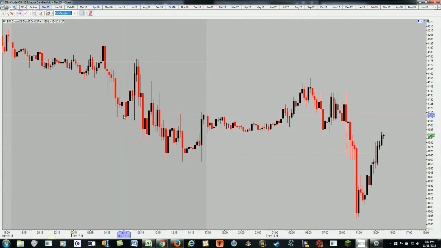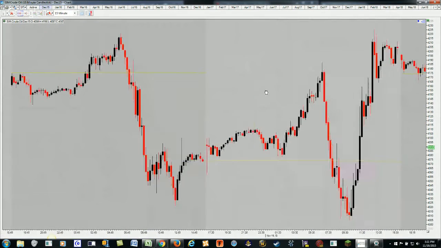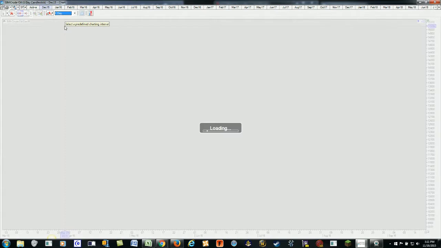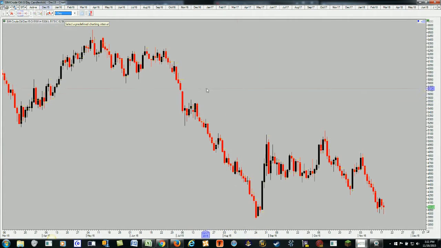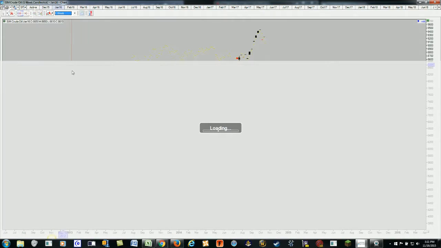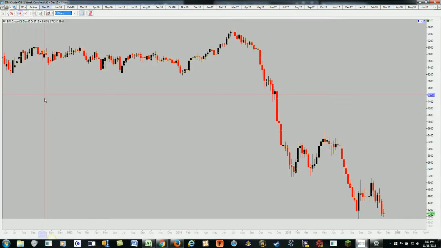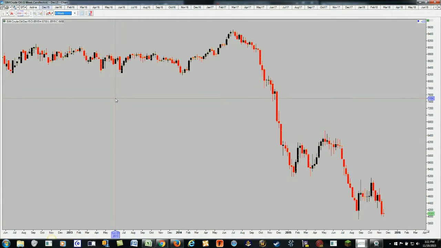This week, if I go back to the daily chart and pull up January's chart, which is now the active chart, what we notice is that it's not filled in yet. So although we have rolled to the January chart, and that's the active chart, the December chart is still holding the data on the daily.